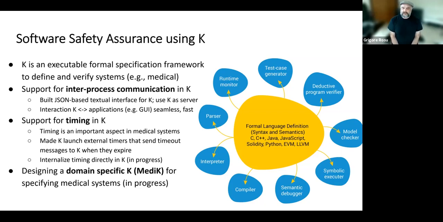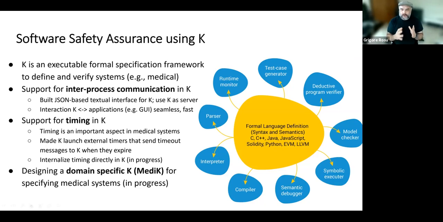Once you have a formal model of the programming language, or a formal semantics, as we call it, the K framework gives you tools for that language, starting with implementations, executable models of the language, and ending with very complex formal verification tools. What is extremely important for this project is that all these tools, including the generated implementations, are correct by construction.